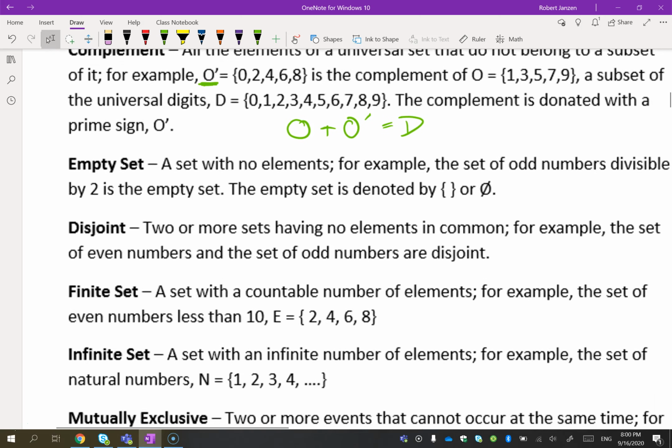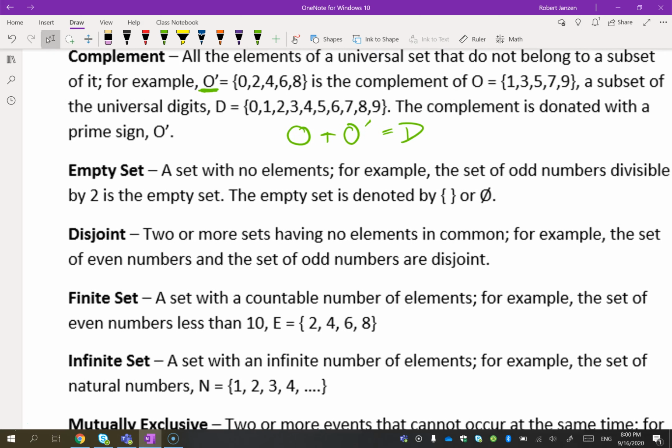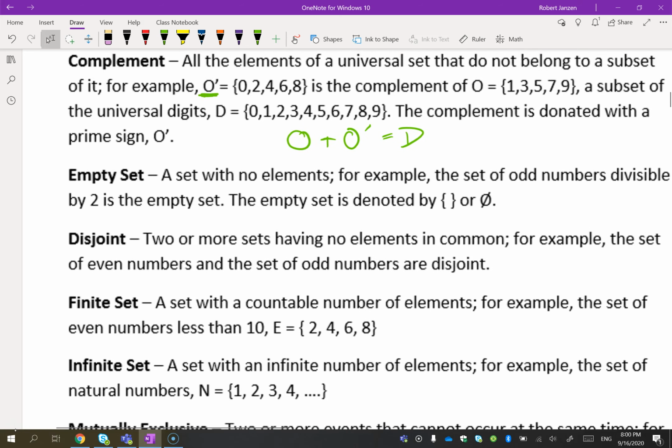Empty set is denoted by putting an empty set inside the brackets like that. For example, an empty set would be the set of odd numbers divisible by 2. Well, you know that there are no odd numbers that are divisible by 2, so we would have an empty set there. Disjoint means 2 or more sets having no elements in common.